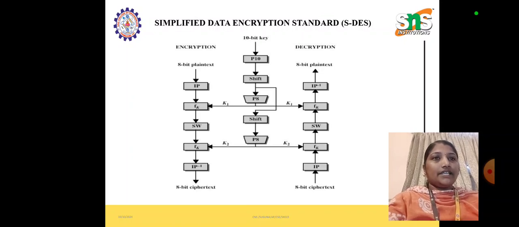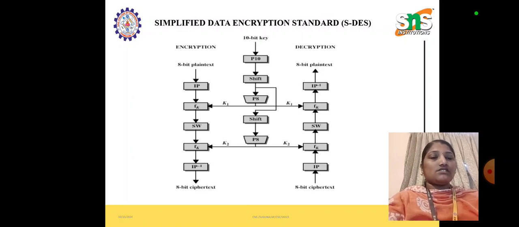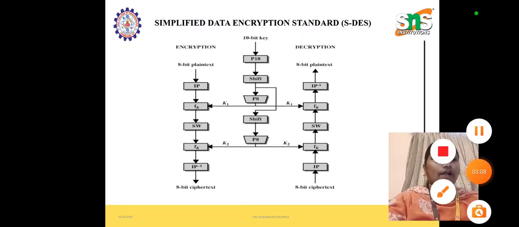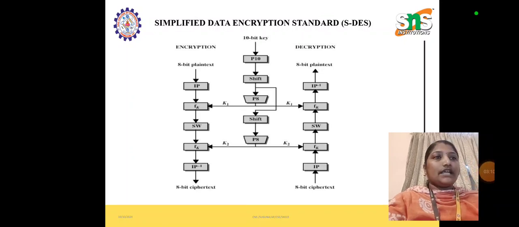The expanded right half is then XORed with the subkey K1. The result is passed through 2 S-boxes, S0 and S1, which substitute the 8 bits with 4 bits. The result from the S-boxes is permuted using the P4 permutation, and the P4 output is XORed with the left half of the original block. The right half remains unchanged, and the new left half is swapped with the right half.